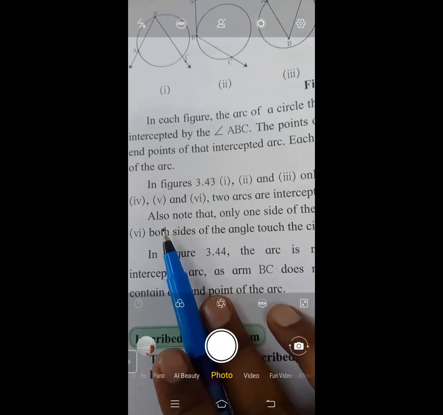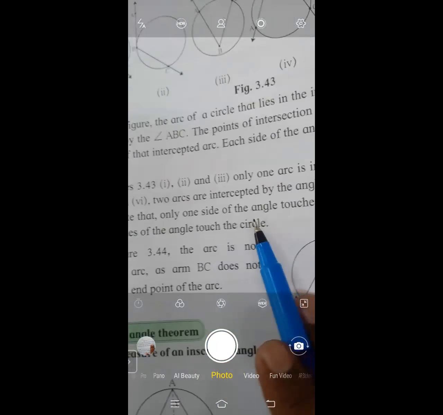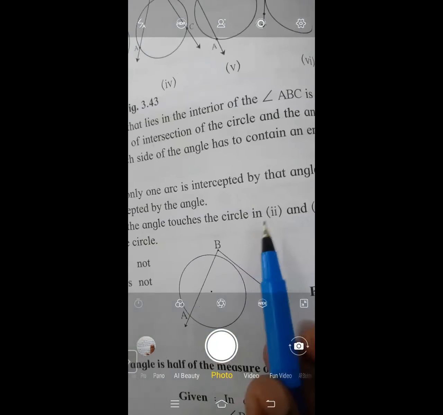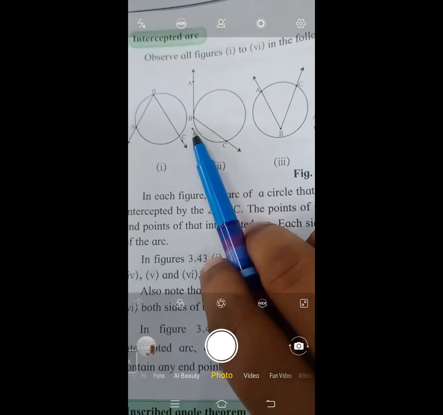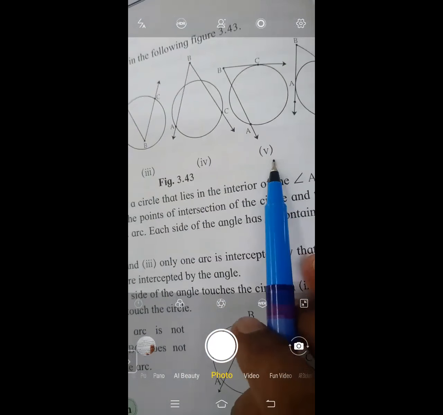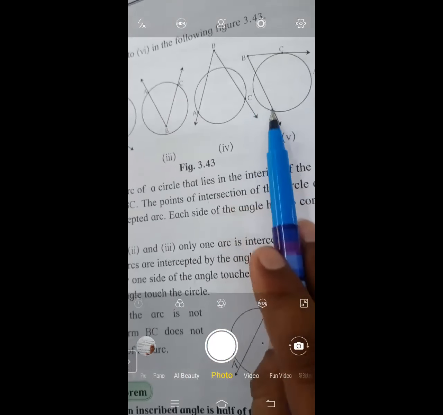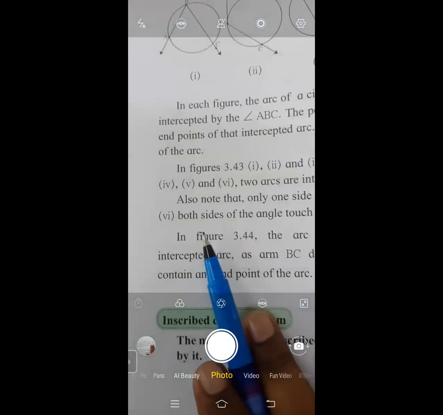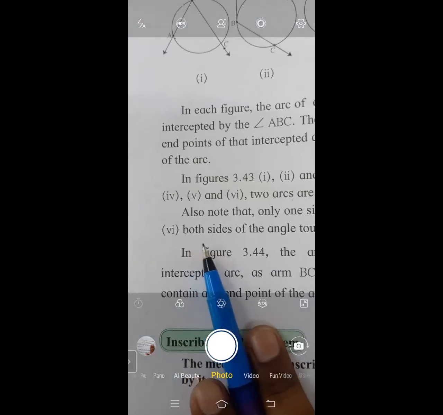So also note that only one side of the angle touches the circle in 2 and 5. Yes, only one side of the angle touches the circle in 2 and 5. In 6, both sides of the angle touch the circle.